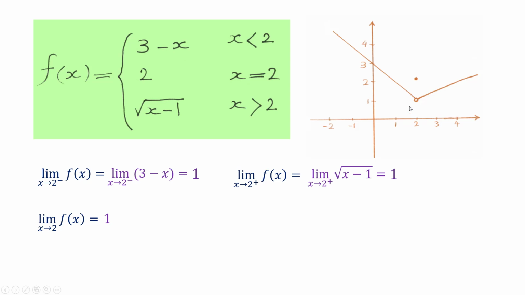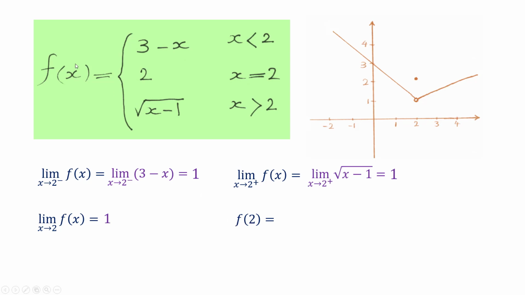Also, from the graph of the function, we can see that if we get closer and closer to 2 from either side, the corresponding y values of the function get closer and closer to 1. For example, if we get very close to 2 from the left, the corresponding y value of the function also gets closer and closer to 1. The next question is, what is the value of our function at 2?